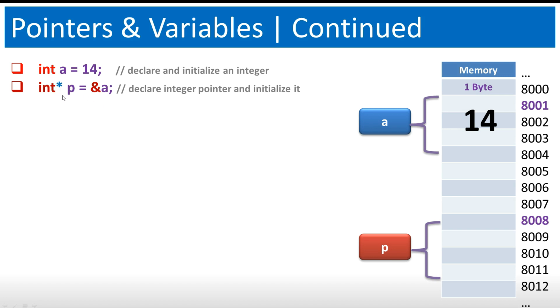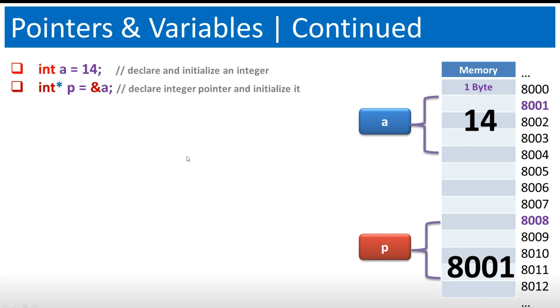So we declare an integer pointer P, and we assign to it immediately the address of A. This is a better way to declare initialized pointers so that you don't forget and leave it uninitialized. There will be cases that you cannot do it this way. I understand that. We will learn how to do that later on. Or you can initialize it to null, and that way you know that your pointer is not yet pointing to anything of interest to you.